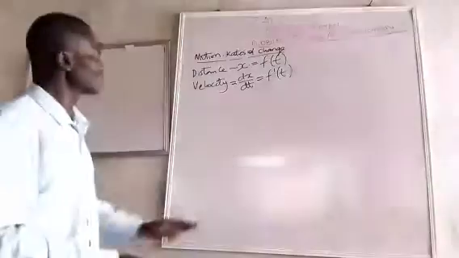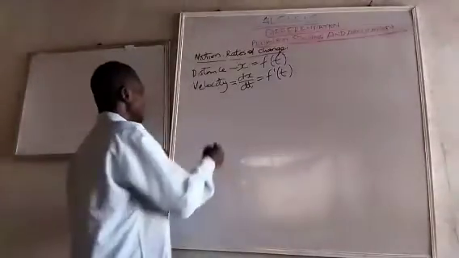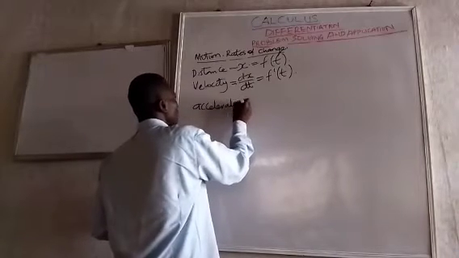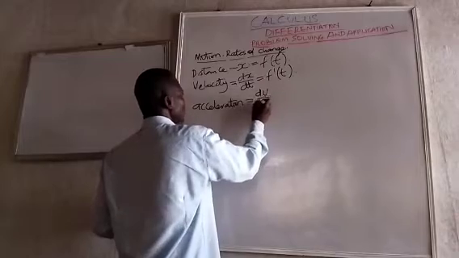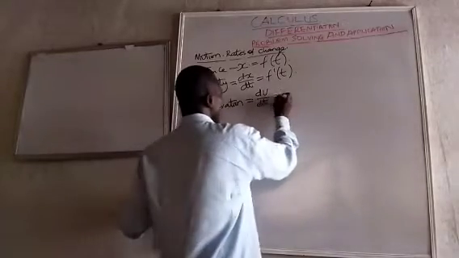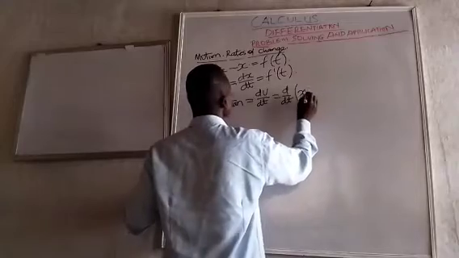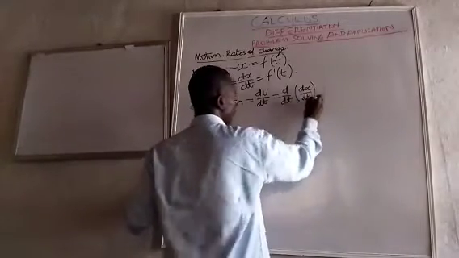We also know that velocity too changes. And what does that mean? We call it acceleration. It is dv/dt. And that is d/dt of dx/dt.